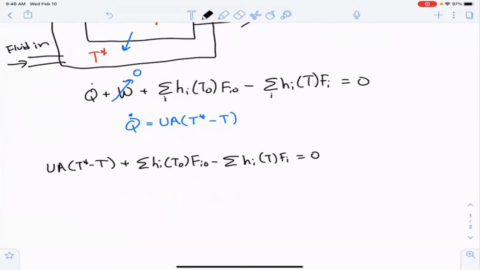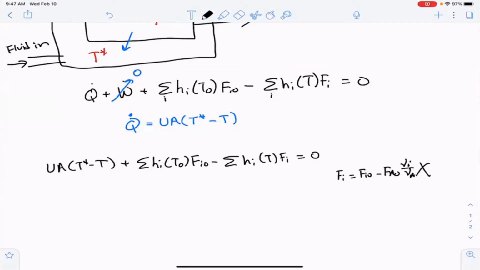And remember, we made a substitution here in lecture 12 where Fi was equal to Fi0 minus FA0 times the stoichiometry of i over A times the conversion, and that came from our mass balances.